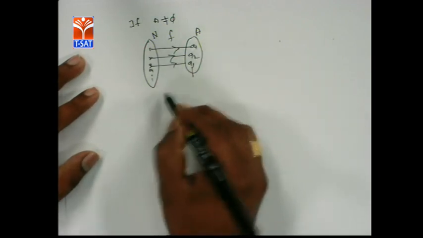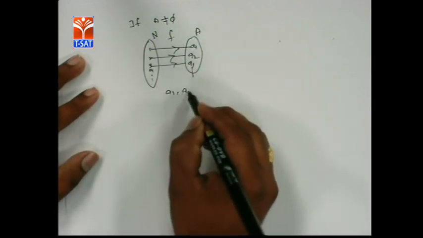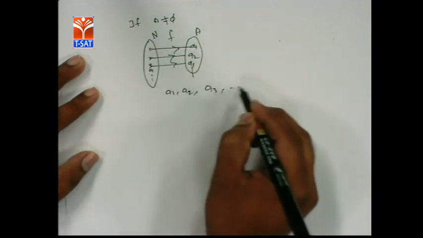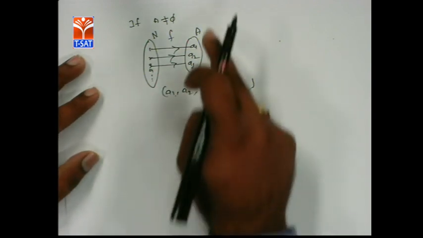In this case a1, a2, a3, and so on is called a sequence on A.